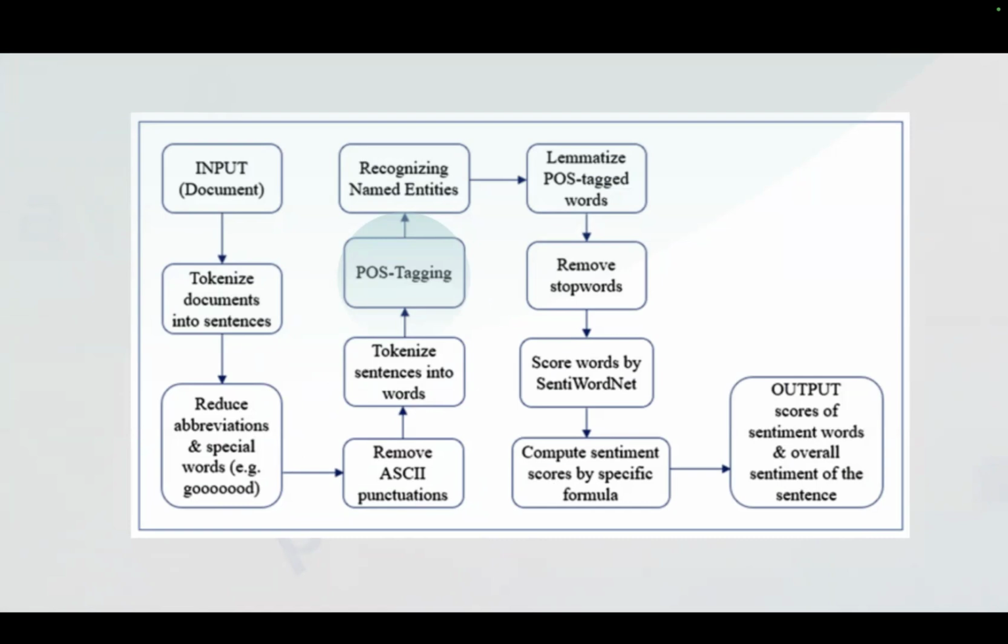It was like breaking a whole piece into small pieces. So we can reduce abbreviations and special words. We can also remove punctuations. After that, we tokenize sentences into words. We break the small pieces into smaller pieces.